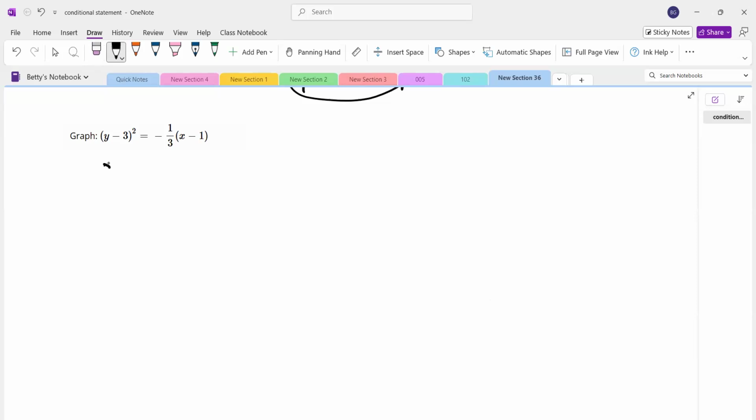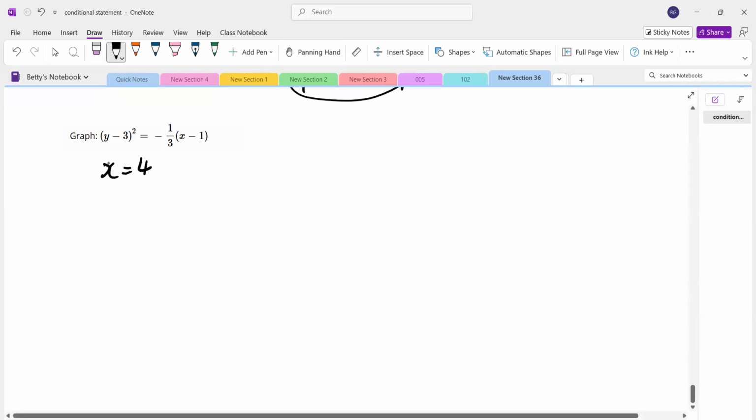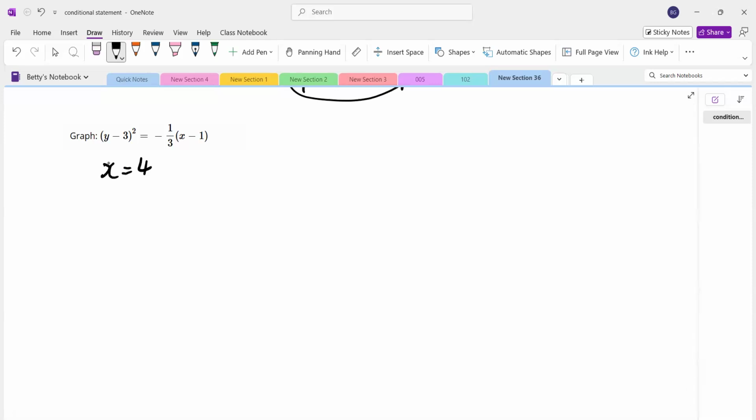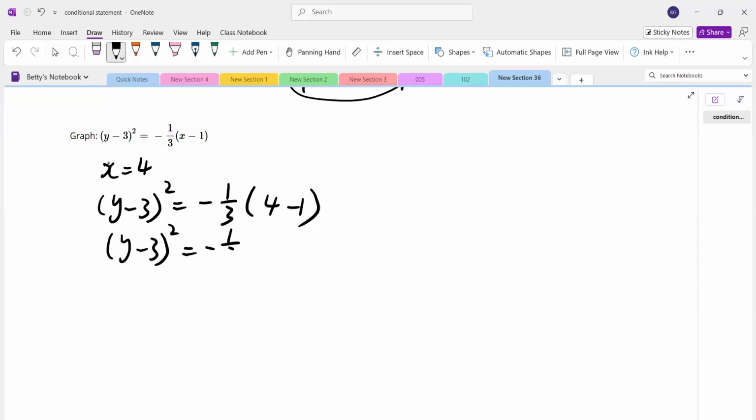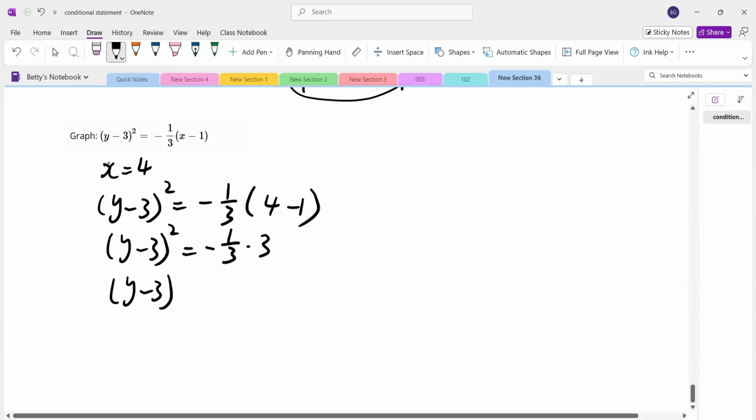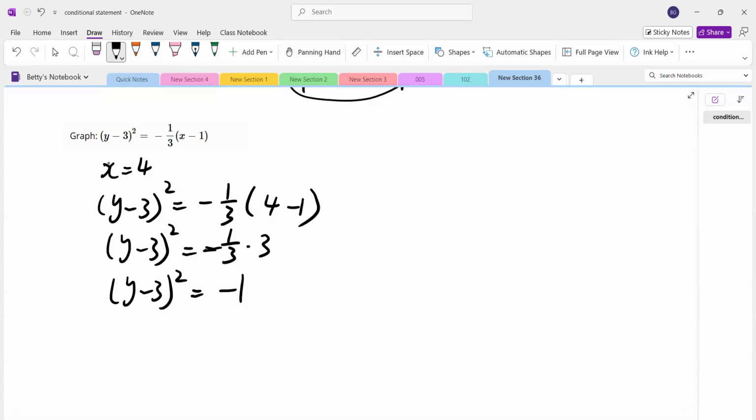What if we plug in x equals 4 to see if we can have a point on the graph with convenient components? So y minus 3 to the power of 2 equals negative 1 over 3 times 4 minus 1. 4 minus 1 is 3, right? Negative 1 over 3 times positive 3 is negative 1. Doesn't work.